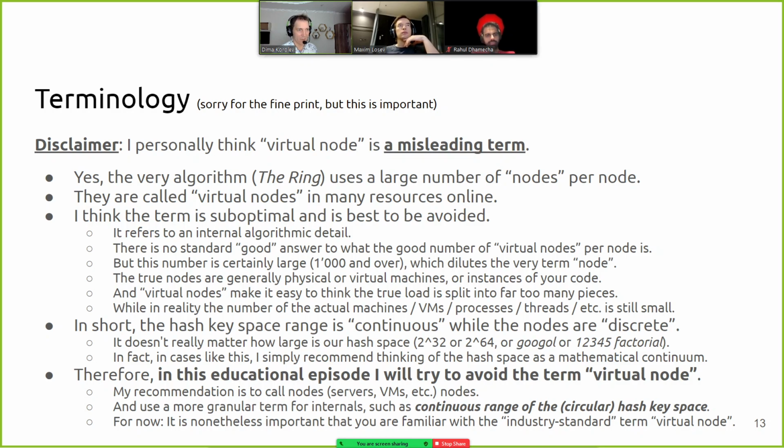It really doesn't, as long as you have enough data points on this key space to cover all your needs. You can use 2 power 32, 2 power 40, 2 power 100. 2 power 32 is 4 billion. As long as you don't need to put more than a few million data points onto this ring, the effects of discreteness or even collisions will be negligible. So just don't worry about this.